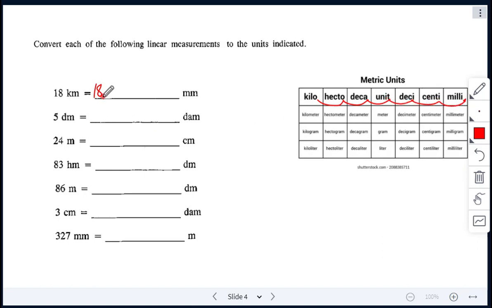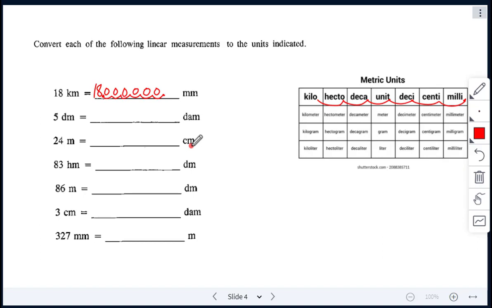Our decimal place is currently right here, and we're going to move it 6 to the right. That's where the decimal place will be. Then you just fill these in with zeros.